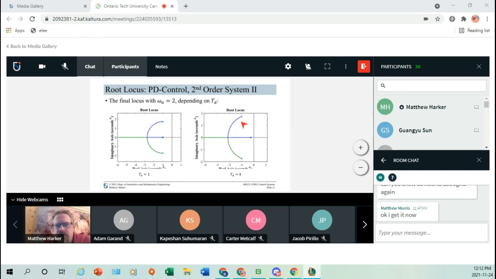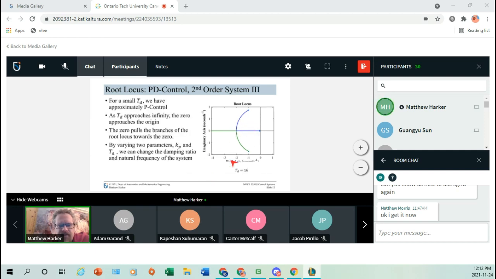And again, what's going on now is that we're moving around the locus so that we can adjust our natural or resonant frequency and damping ratio. Good, so that's the last example.